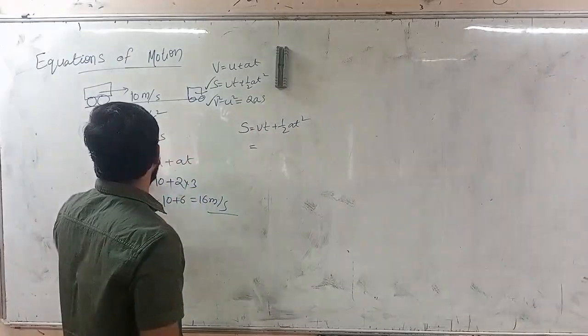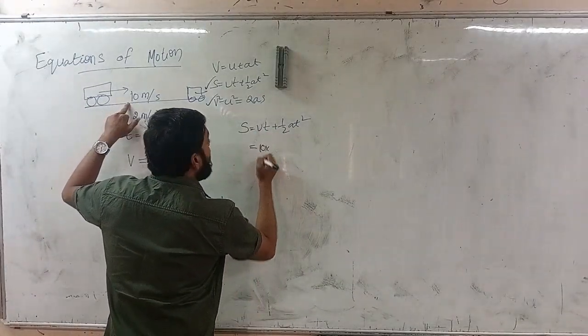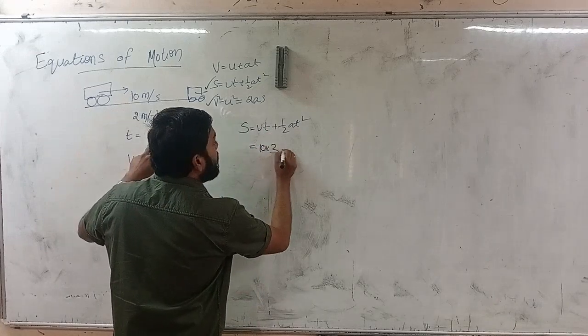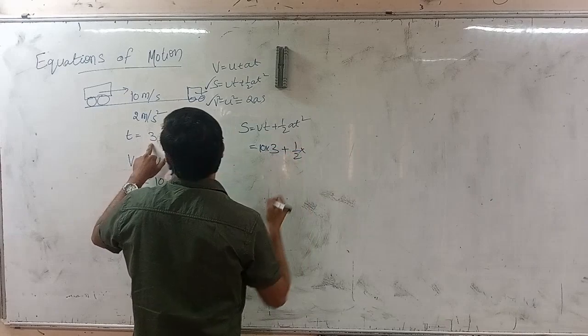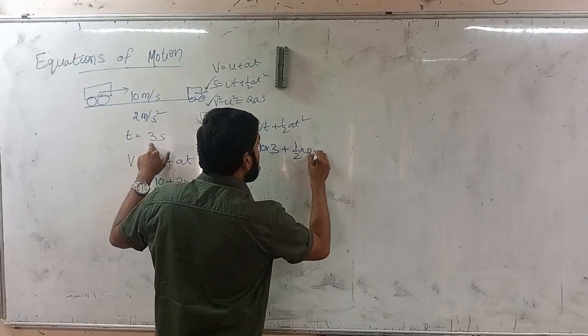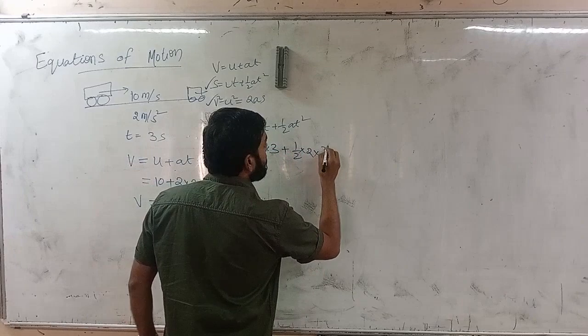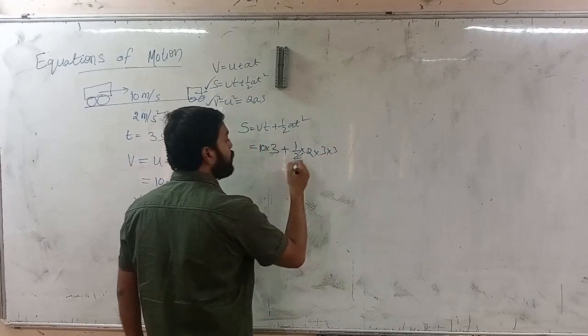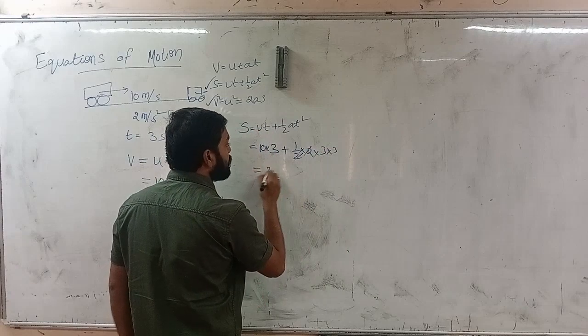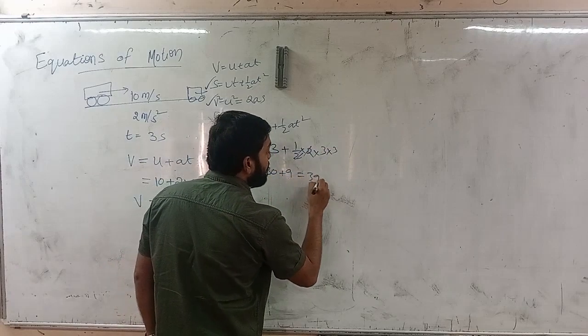U is equal to 10 meters per second and time is equal to 3, plus half a, acceleration is 2 and time is 3 square, that is 3 into 3. The 2 will get cancelled out. Then it is 30 plus 9, 39 meters.